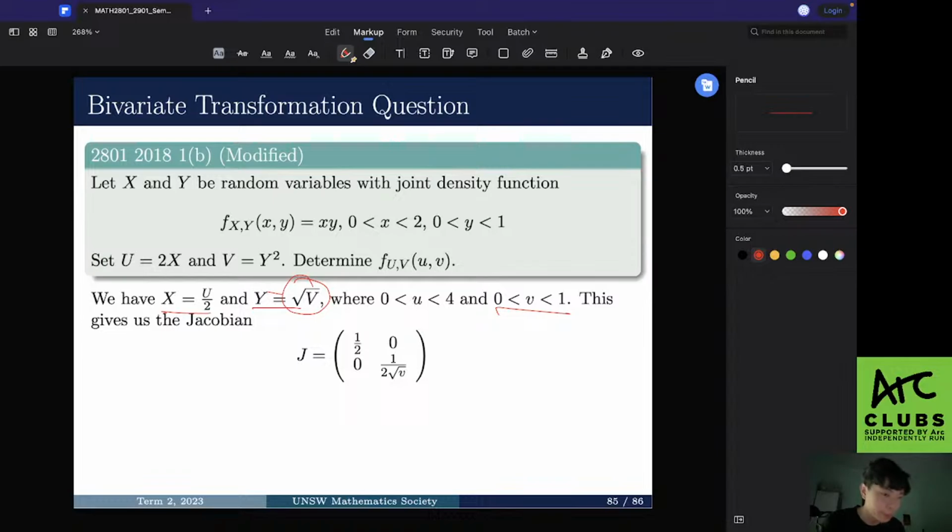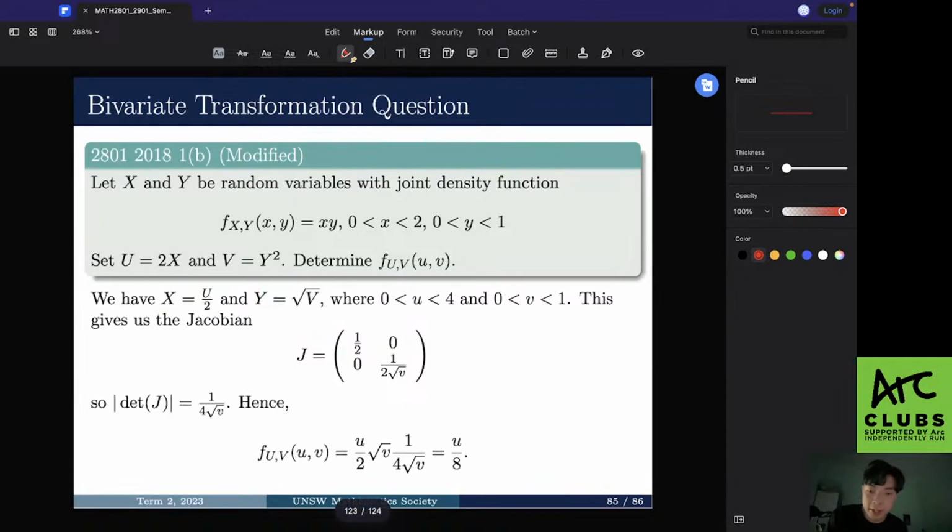Then we get the Jacobian. So we know that x with respect to u is a half, x with respect to v, since there's no v term, is 0, y with respect to u is 0, since there's no u term, and y with respect to v is 1 on 2 root v.